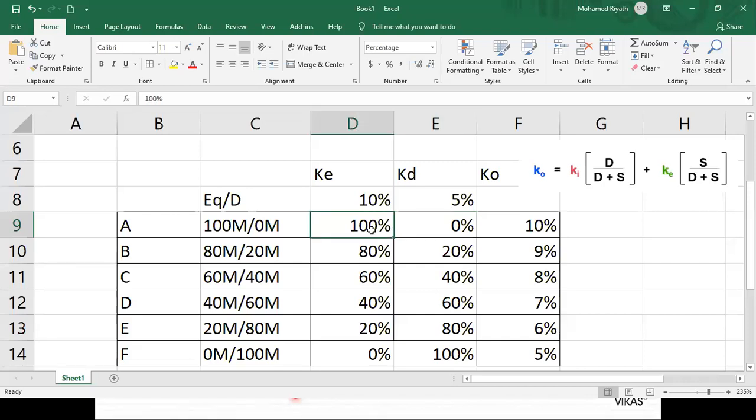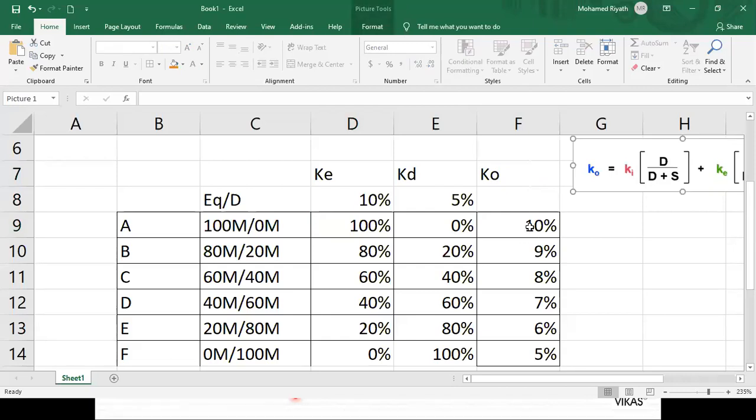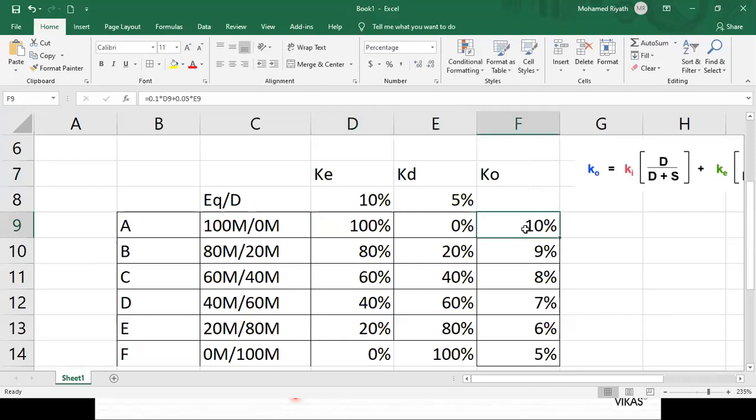Then the overall cost of capital equals what? This 10% equals what? KO equals what? Answer is KE. Here this 10%, here 10%.